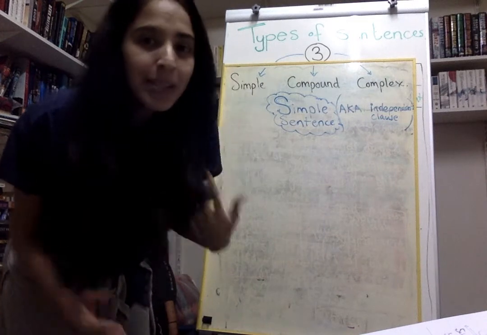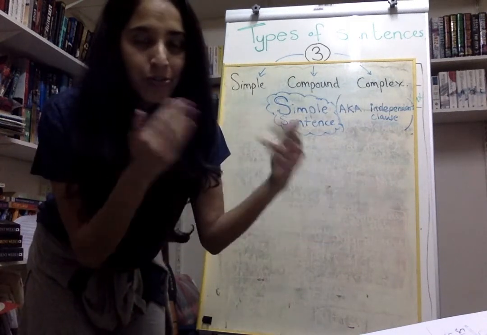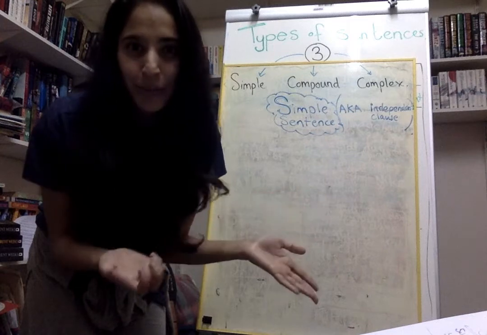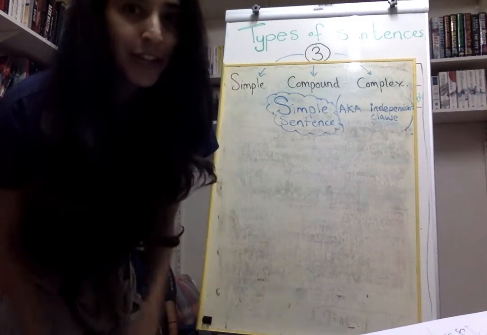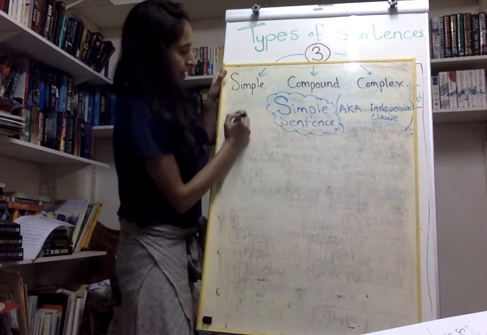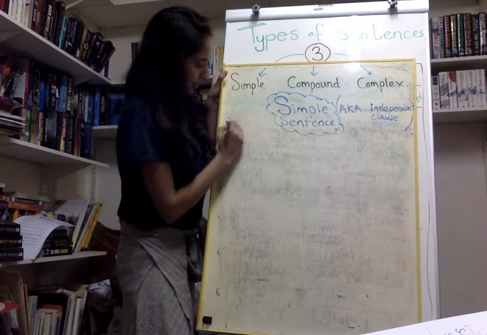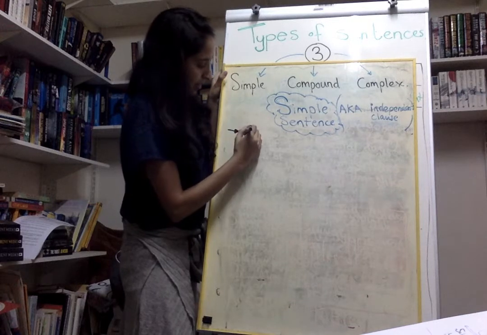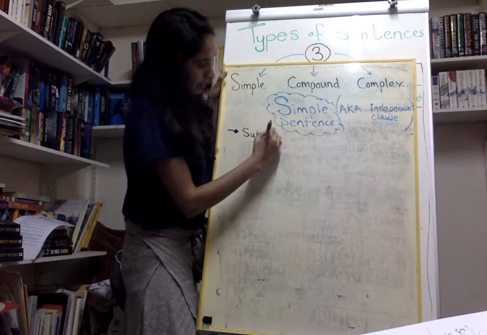It's a simple sentence. It can stand on its own. You don't need anything else added to it. A simple sentence is the subject plus your predicate.